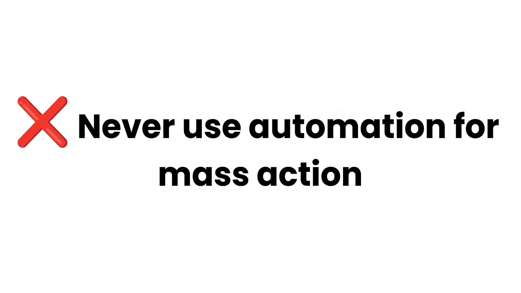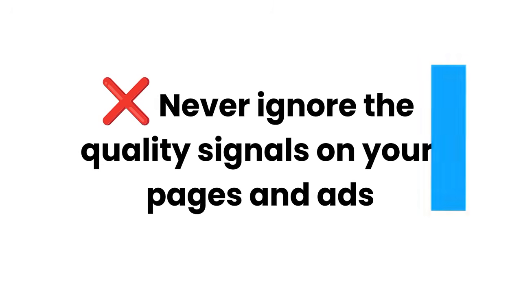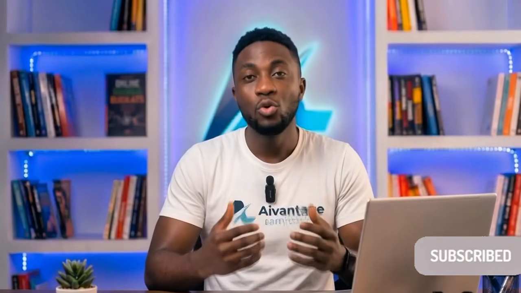Number 3. Using automation for mass actions. Sending the same message to dozens of people. Bulk follow requests. Auto-liking at speed. This looks like bot behavior to Facebook's system. Number 4. Ignoring the quality signals on your pages and ads. If people are reporting your content as misleading, if your ads have low-quality landing pages, these all feed into restriction decisions.